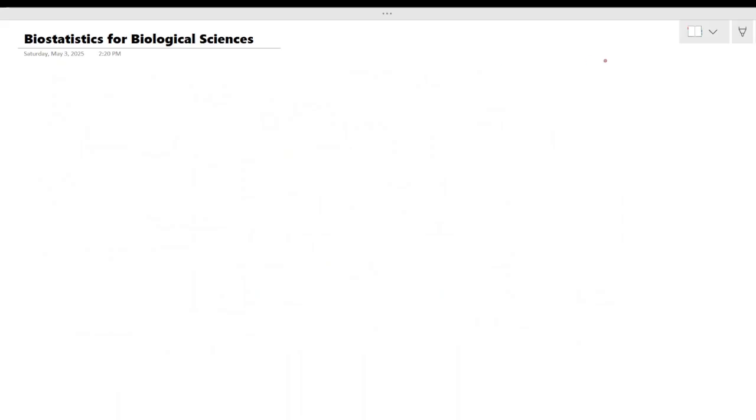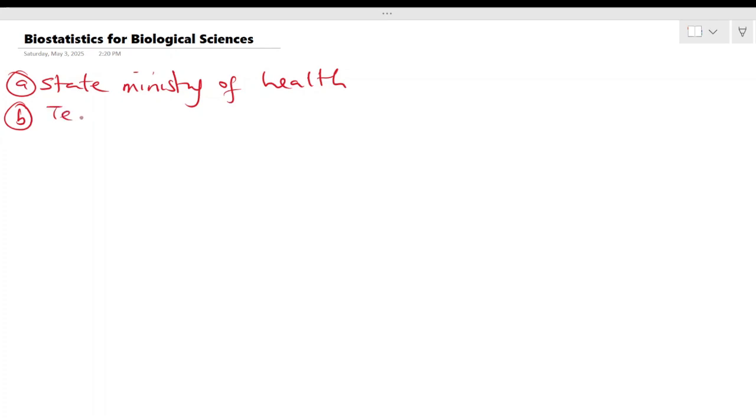One of the sources from which the Federal Ministry of Health obtains routine data is the State Ministry of Health. Number 2, or B, you have this information or data obtained routinely from teaching hospitals.